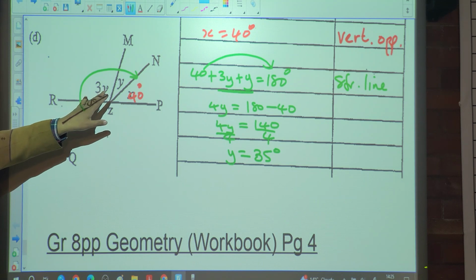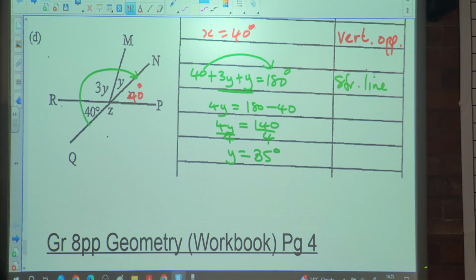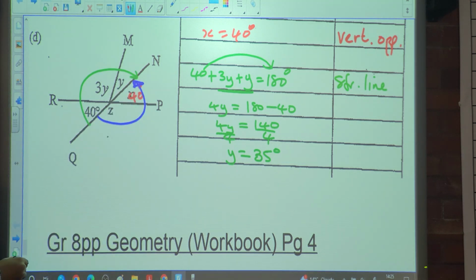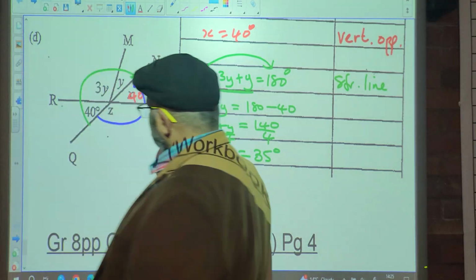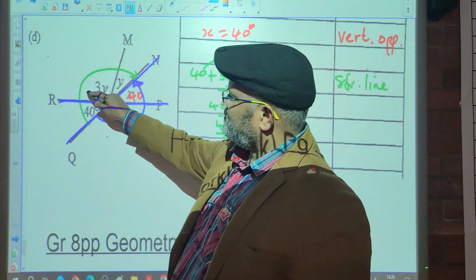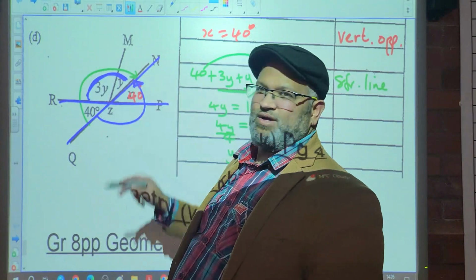Okay. I'm going to calculate z. Many ways now. I can go with revolution or angles in a straight line. Not so? Or I could have gone vertically opposite. So z is also 3y plus y.